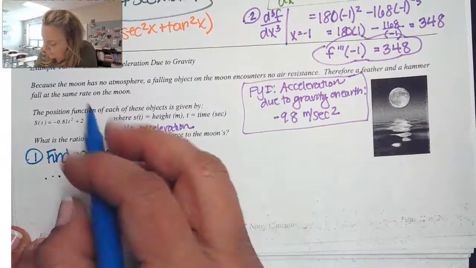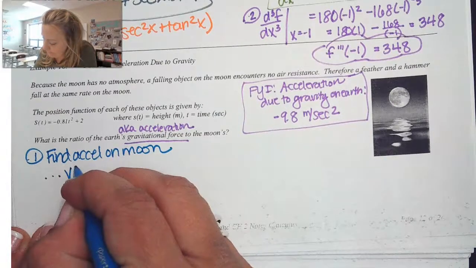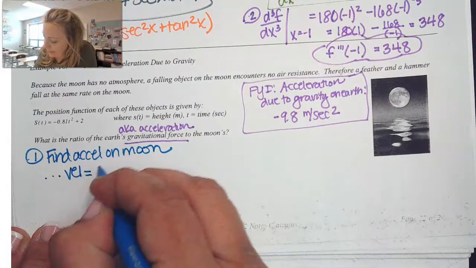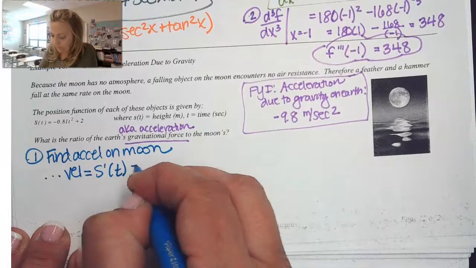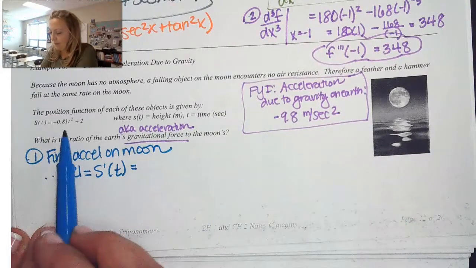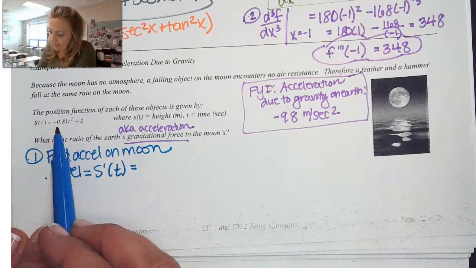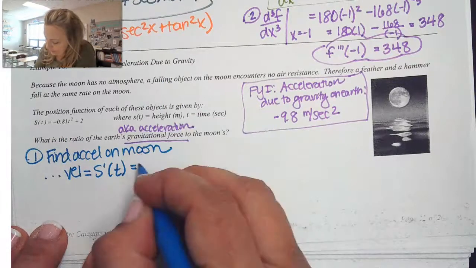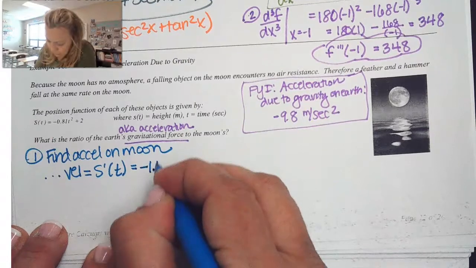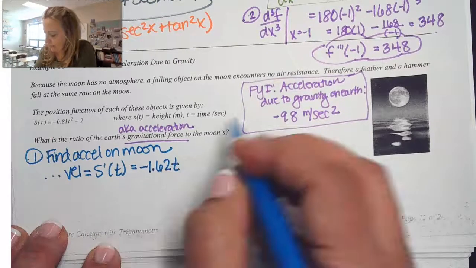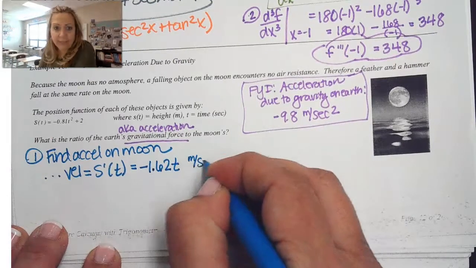The velocity is going to be s prime of t. So if I took s prime of t, that'd be 2 times the coefficient, negative 0.81. So that gives me negative 1.62 t, and that velocity would be in meters per second.